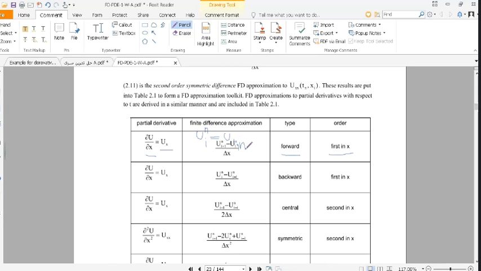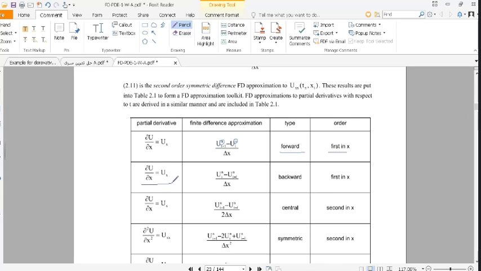Both of them are correct. This is the forward finite difference approximation respect x. Because this derivative is respect x, the index of t is constant. The index of t is n, and for forward we have u i plus 1 n minus u i n over delta x.